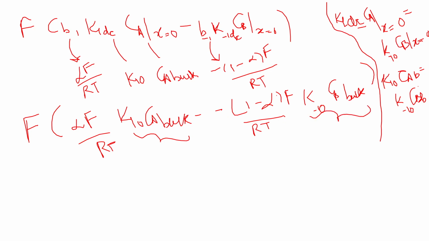This is because the forward reaction is equal to the backward reaction. That is why we are writing this, at equilibrium. So the forward reaction is this one: k1 at EDC CA at x equal to 0 equals k minus 1 at EDC CB at x equal to 0. So we are considering the case where EDC equal to 0. So k1 at EDC becomes equal to k1 naught, CA at x equal to 0 is CA bulk. Same way k minus 1 naught and CB at x equal to 0 equals CB bulk.